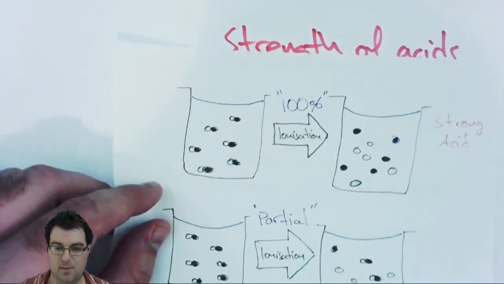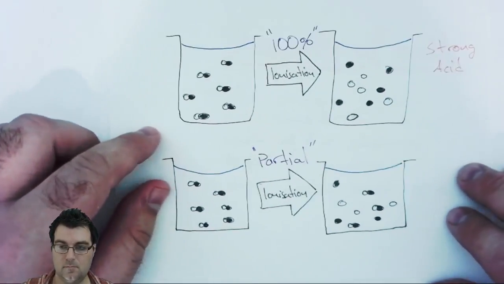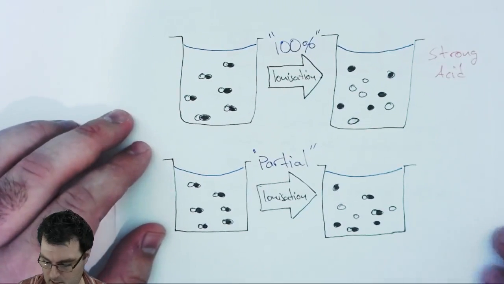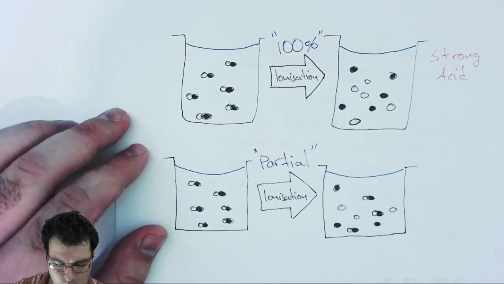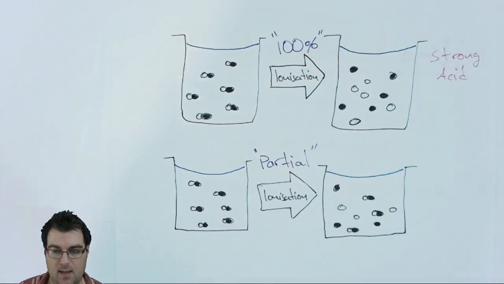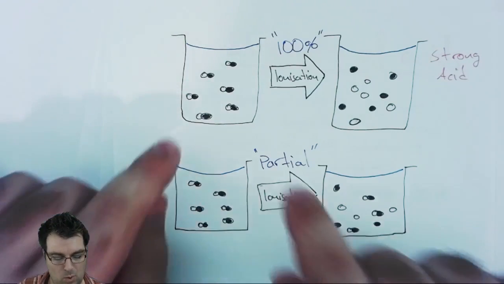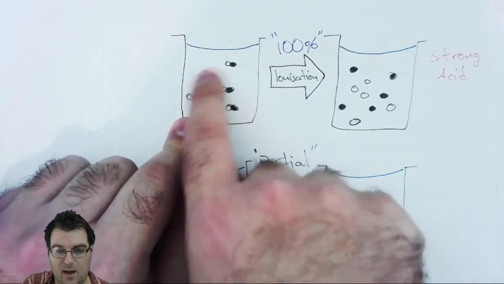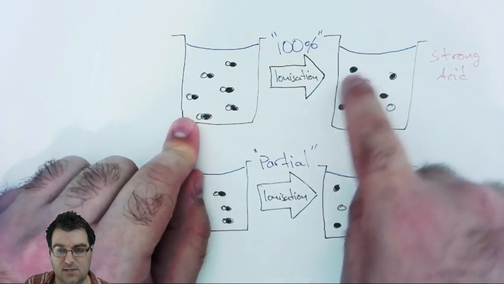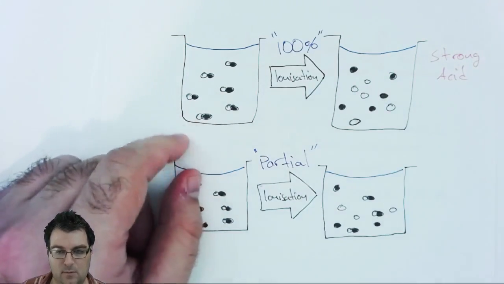So just to paint a picture for us. When we have a strong acid reacting with water, what's happening is 100% of the particles are ionizing to separate ions.